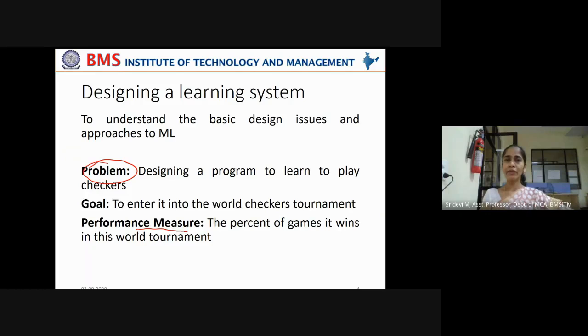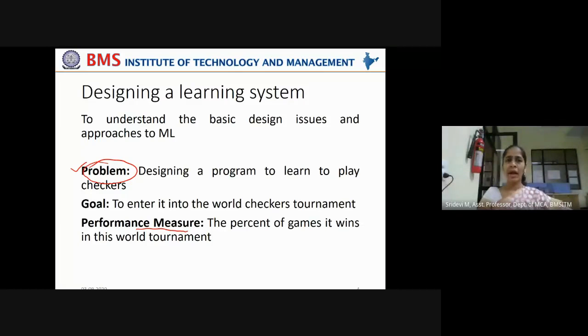That is how you calculate the performance of any subject, right? So here the performance measure is to find the percent of games it wins in this world tournament. Okay, so I'm repeating, the problem is to design a program to learn to play checkers, and the goal is to enter it into the World Checkers Tournament.